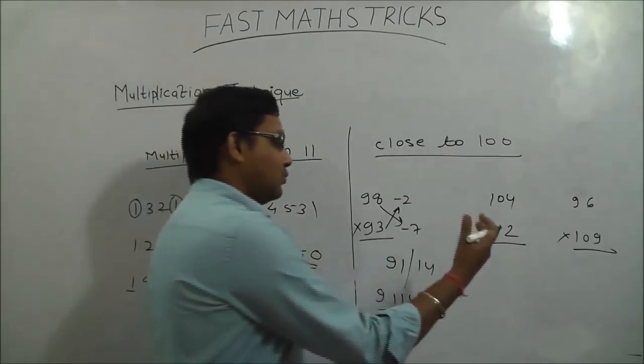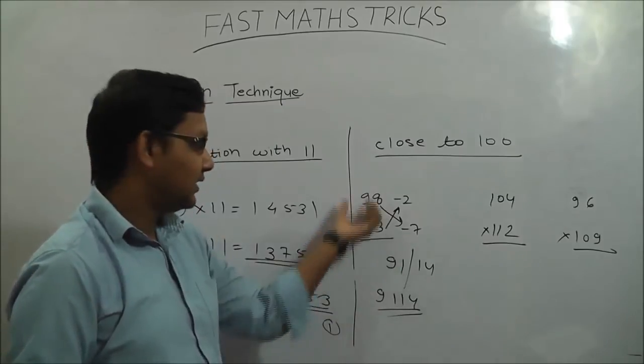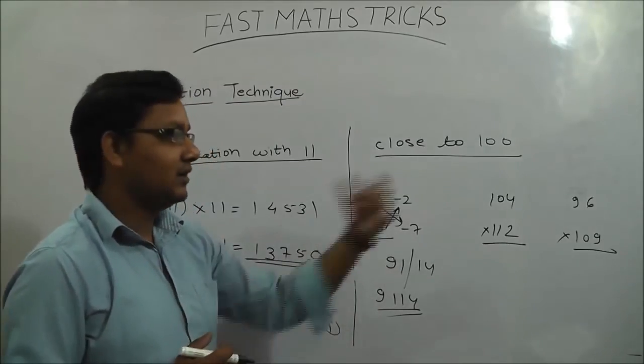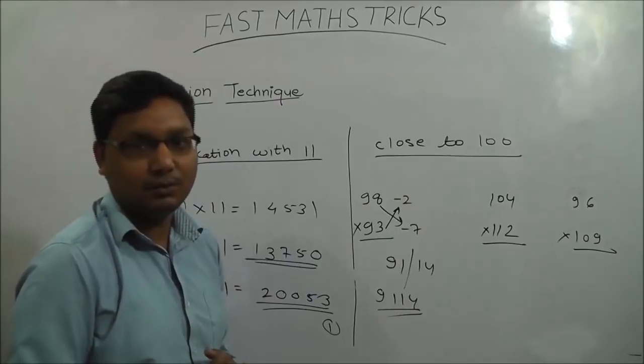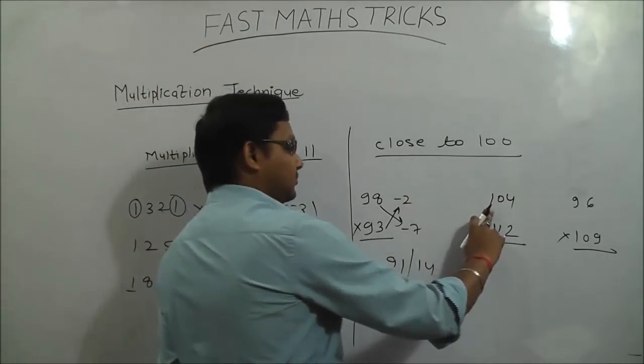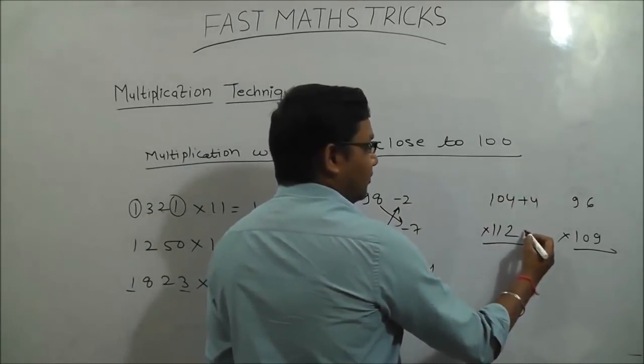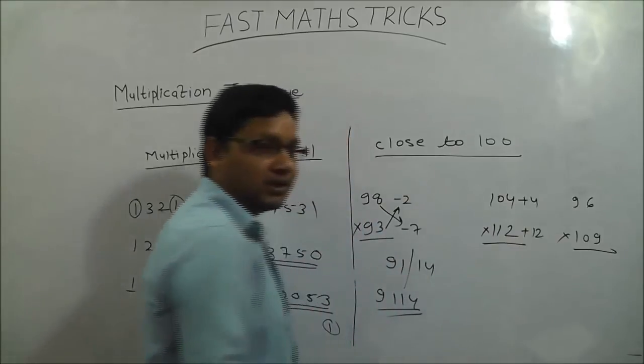Okay, so let's move to the numbers close to 100 which are more than 100. These are the numbers less than 100, and in the last we will see the combination of both: one more than 100 and one less than 100. So 104 is how much more than 100? 4 more than 100. 112 is 12 more than 100.